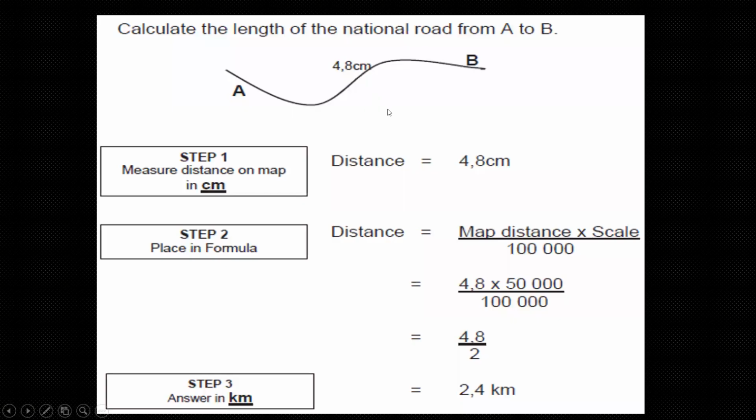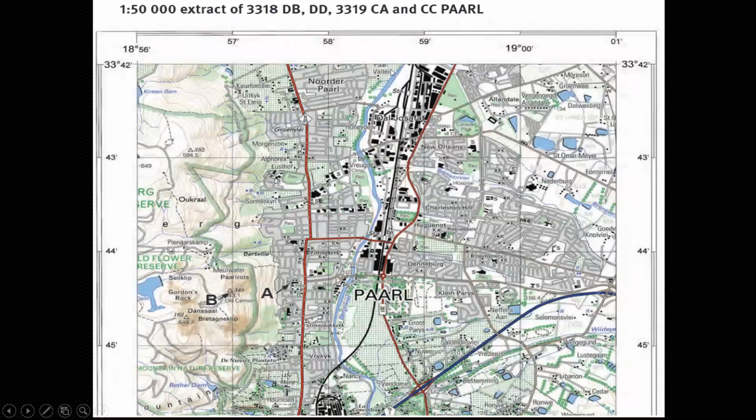So let's look at an example. If you get a topographical map in your exams one day, and it says, what is the distance from Trigbeacon 352 to the Kirsten Dam?